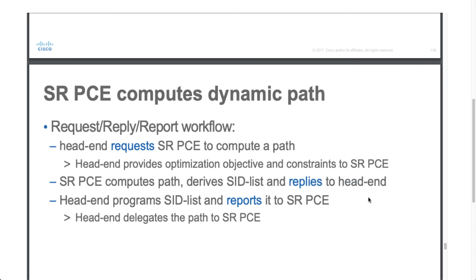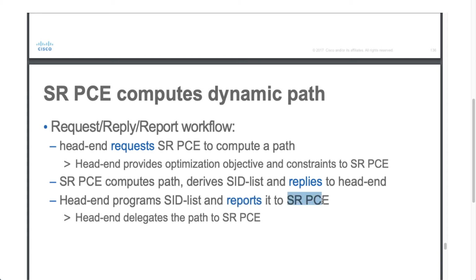Once the reply goes to the head end, the head end programs the SID list received from SR-PCE and reports it to SR-PCE. Hey, I have programmed this SID list, and I'm reporting you this new status. Why is it reporting the status? Because SR-PCE is keeping track of the topology. So now a change has happened, and that change is being reported by this head end to the SR-PCE.